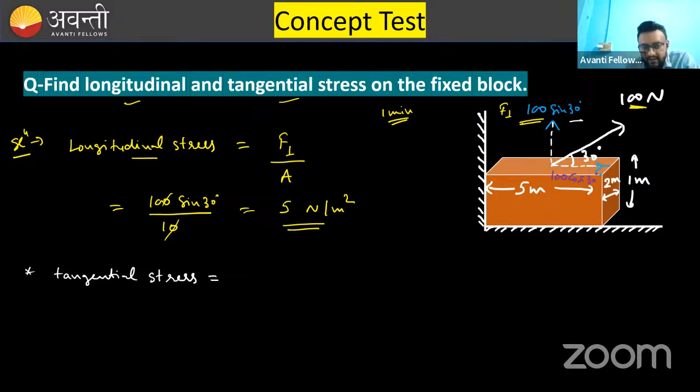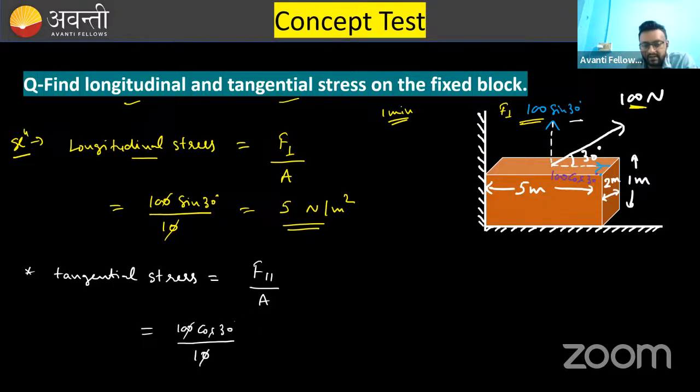So, I will write F parallel to the surface divided by area. F parallel to the surface is 100 cos 30, divided by area, which is again 10. Area of what? Area of the face at which force is applied. And the area of that face is 5 into 2, 10 meter square.